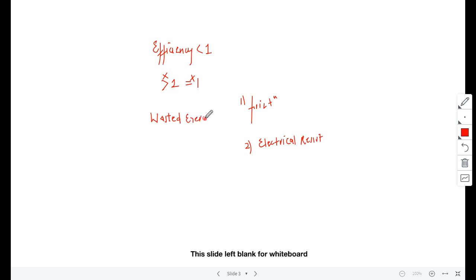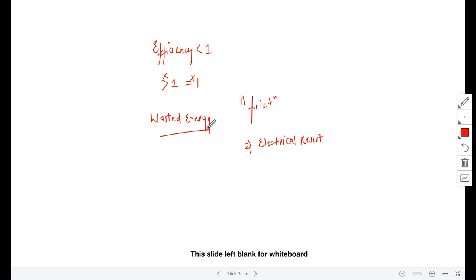Yes. So what are the actual reasons for wasted energy? Why does energy get wasted? Why is it that I turn on a lamp but after some time I can feel the hotness around it? Or when I turn on my laptop, after some time I can feel the hotness. Why does energy get wasted? So these are some reasons. The first reason is that if a machine has moving parts, then the friction between the moving parts creates heat energy.